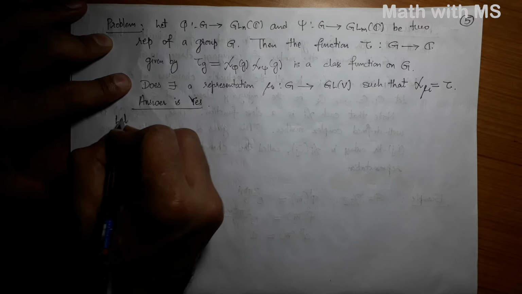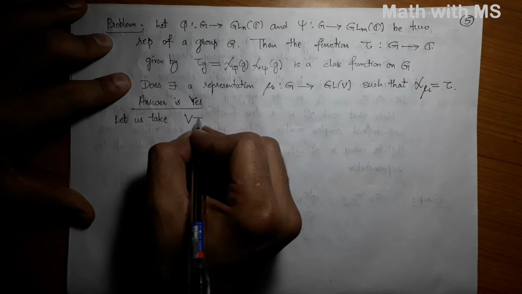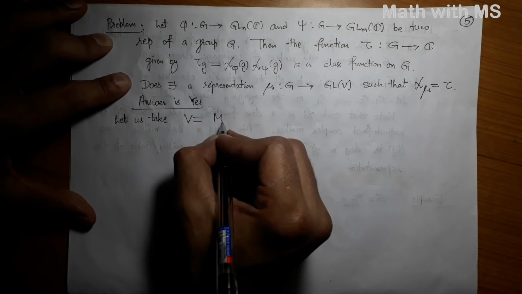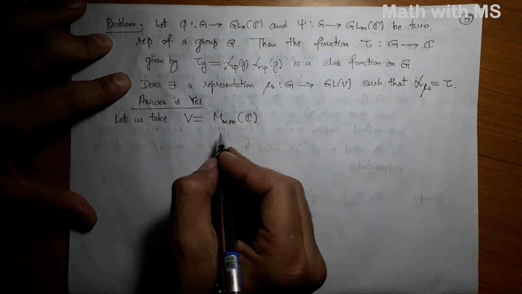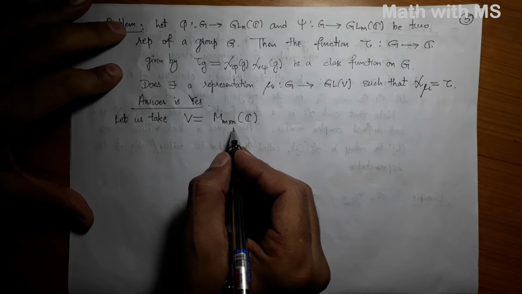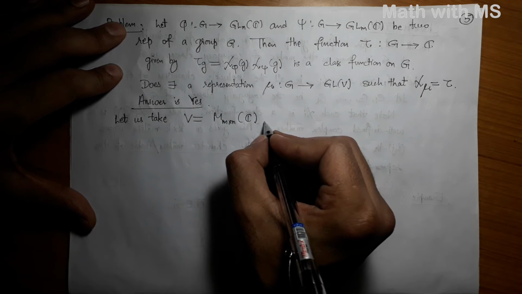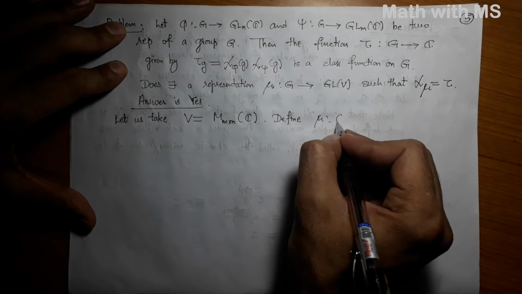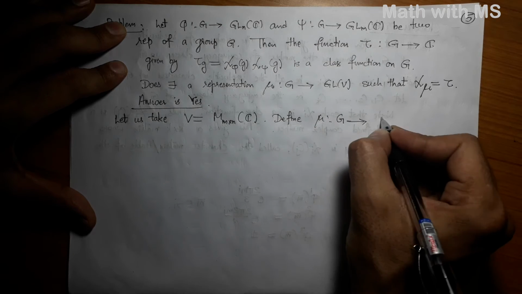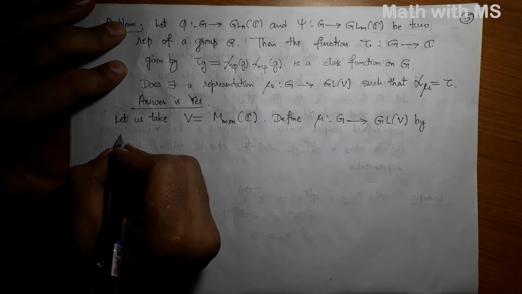So let us take V to be M_{m×n}(C), the vector space of all m by n complex matrices over C, and define mu from G to GL(V) by the following rule.